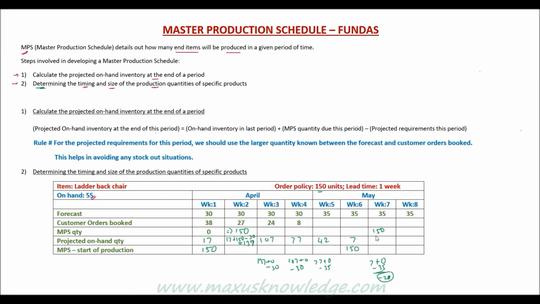So now my projected on hand becomes 7, which is the end of week 6, plus MPS, which is 150, minus the demand, which is 35. So this becomes 157 minus 35, which is 122 units. So projected on hand becomes 122.